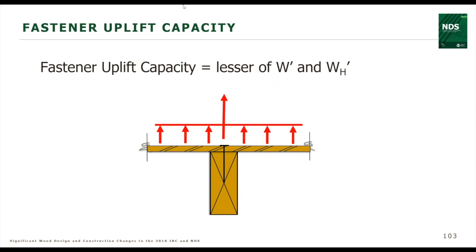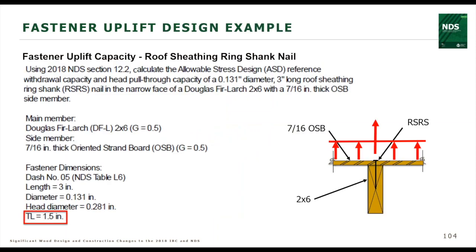The prime indicates that these are adjusted design values. The example we're going to run through today, we're not going to look at every single adjustment factor, so we're only going to compare the unadjusted values, but I think we'll still get the idea of things.